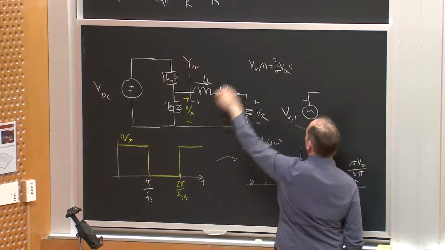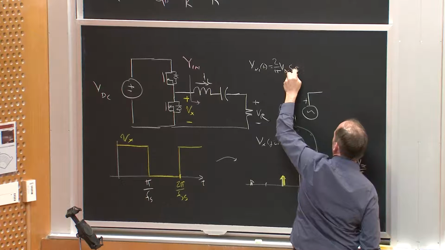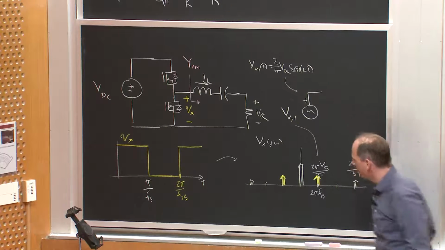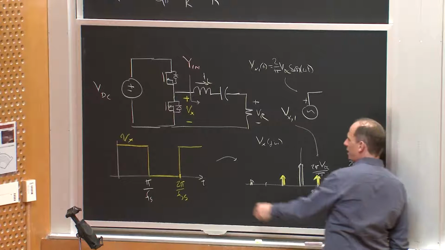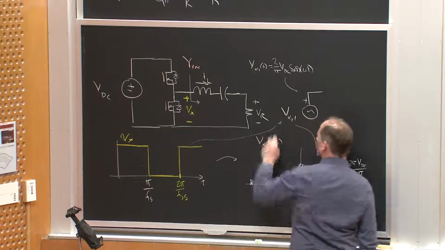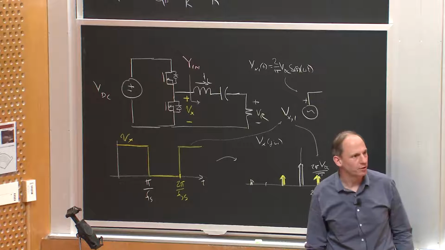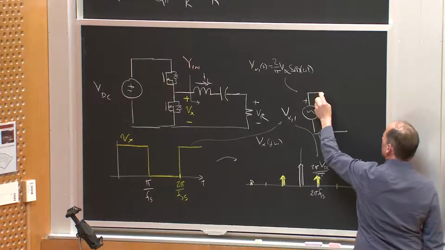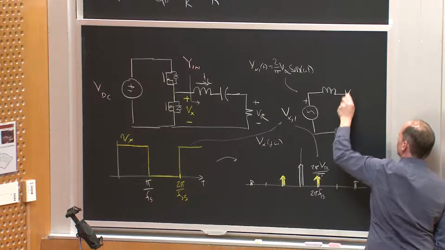In this case, I've drawn it as a sine, so I guess it would be sine omega t. Okay, if I only thought about the fundamental component, or I could model it exactly as Vx over here and think about the square wave component. Okay? And then I run this into my network, right?